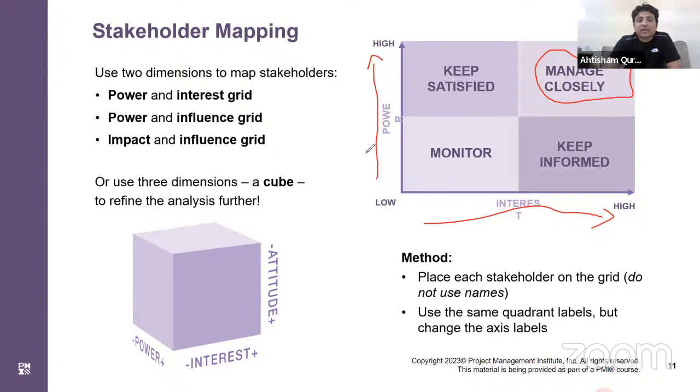By the way, this power interest grid can be any grid. It can be a power interest grid, or a power influence grid, or an impact influence grid. The strategy will remain the same. We will manage the top right corner closely. The bottom left corner we will monitor only. The bottom right corner we will keep informed, because they have got the interest but they don't have the power.